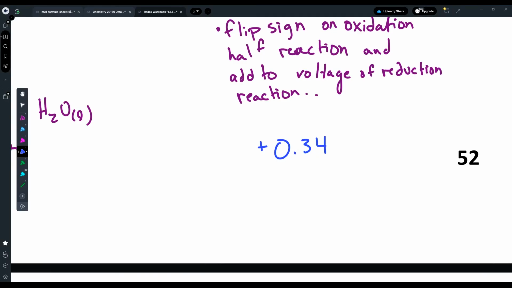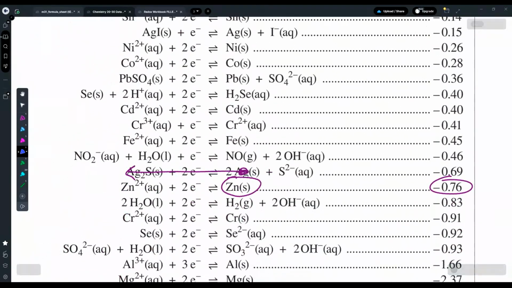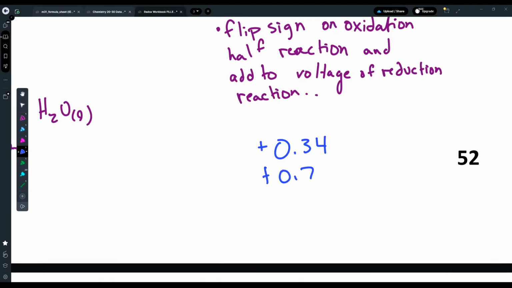So 0.34, and then with the oxidation half reaction, since we're reading it backwards, we have to flip the sign. So we got to flip it from a negative 0.76 to a positive 0.76. And then you just add them up, and away you go.